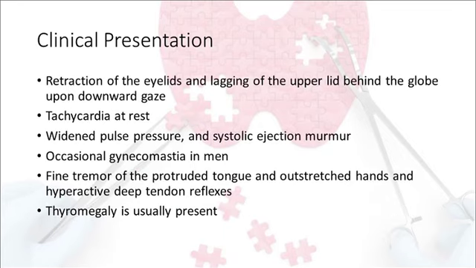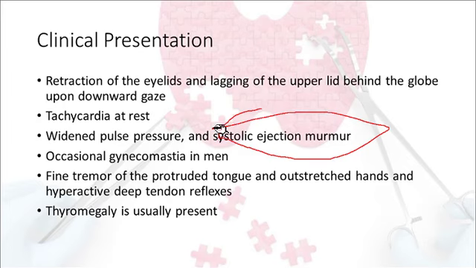Now, some patients may also present with retraction of the eyelids and lagging of the upper eyelids behind the globes, resulting in a downward gaze. Additionally, some patients may have widened pulse pressures, they may have tachycardia at rest, they may even have a systolic ejection murmur.